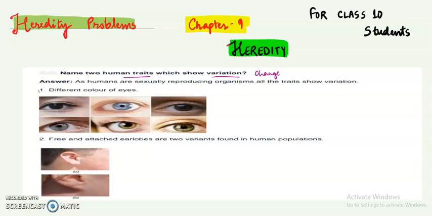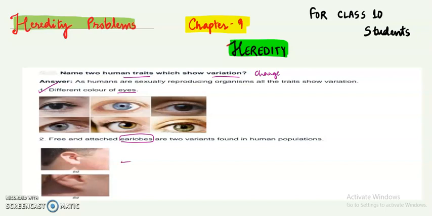Here in this answer, I have taken the eye color and the earlobes, because these were mentioned in the NCERT. So I have taken them so that you can easily give the example of NCERT, because it helps you in fetching more marks. So the answer to this question would be different eye color of the human eyes and free and attached earlobes.